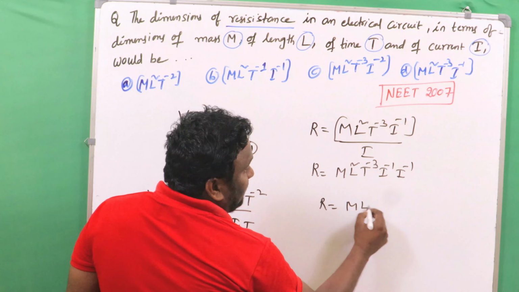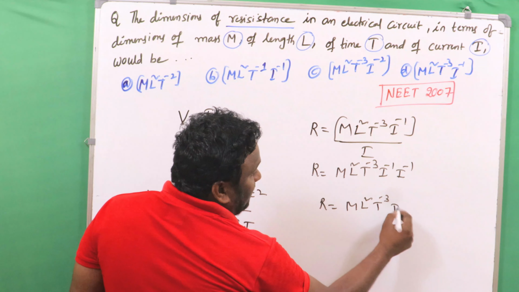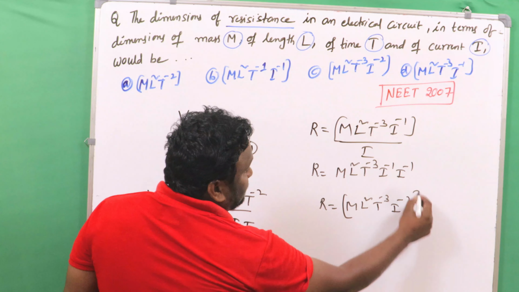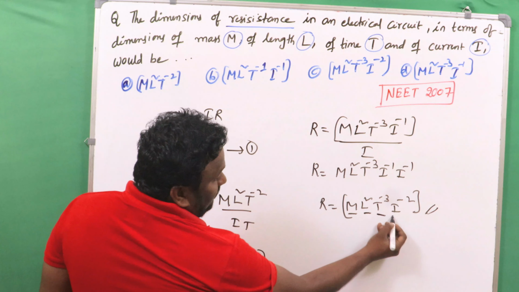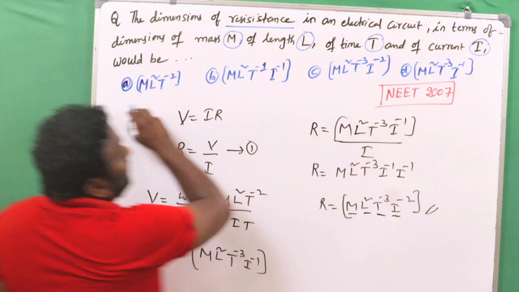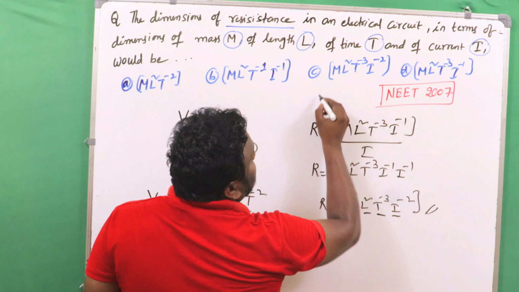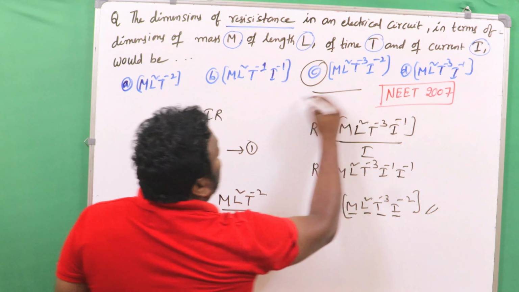Therefore we write ML square T inverse 3 I inverse 2. So this is the dimension formula of R in terms of mass, length, time and current. So among the 4 options, C option is the correct one.